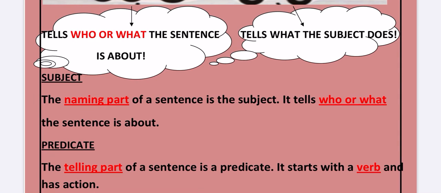It answers two things, who or what. And predicate, the telling part of a sentence, is predicate. It has a verb and has action in it. So through this you can identify the predicate, that it always has an action word in it. Action word means verbs. Predicate always has a verb in it.